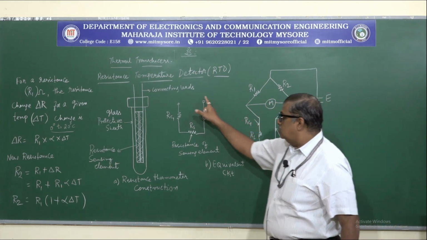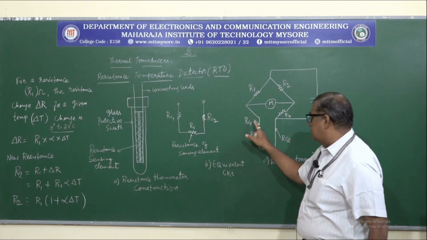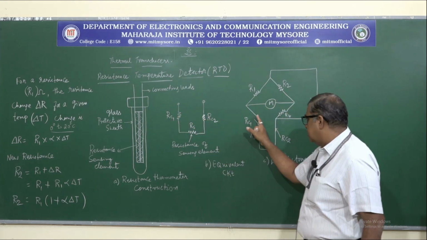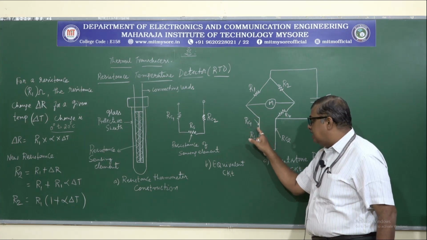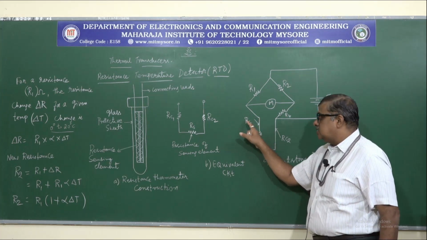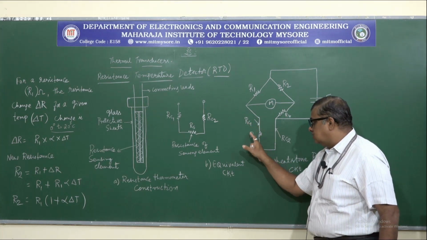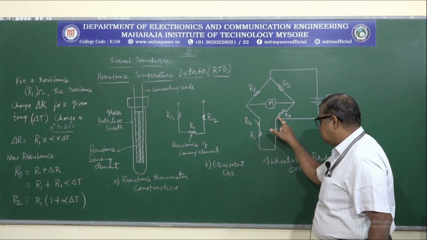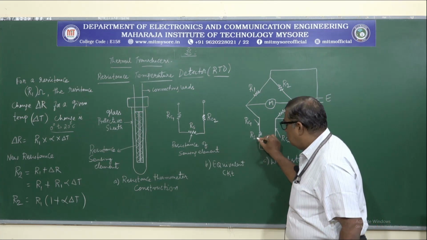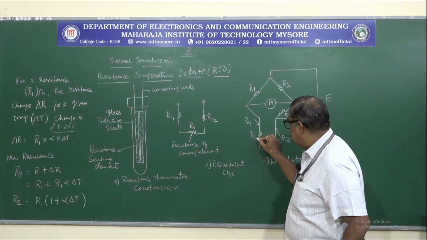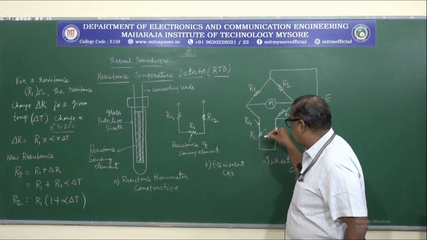Now this equivalent resistance circuit is connected to the 4th arm. This lead resistance is RC1, this is the source resistance, and this is again the lead resistance RC2. Basically, when the temperature is changing, the resistance of this is going to change.